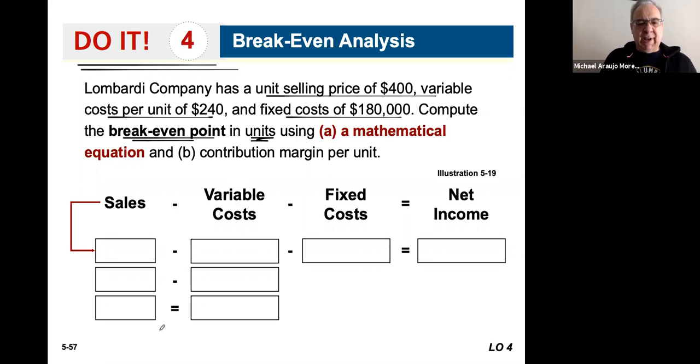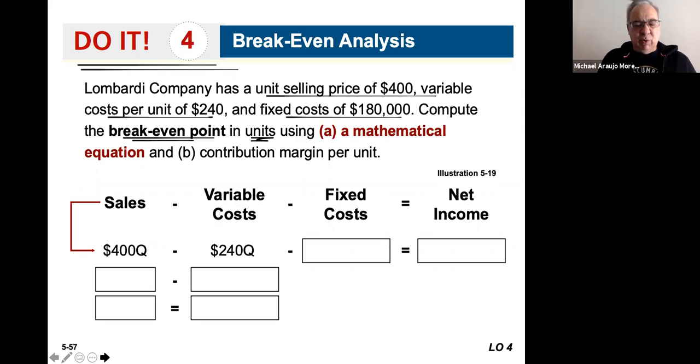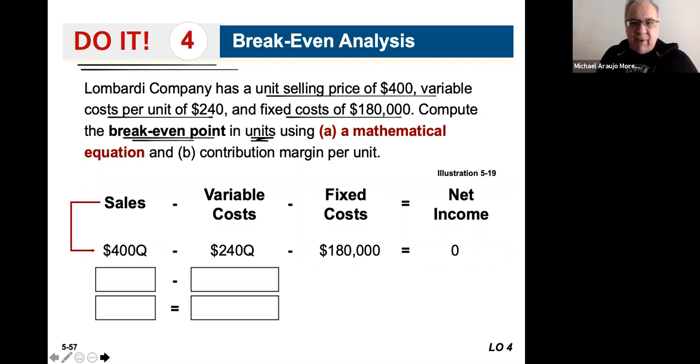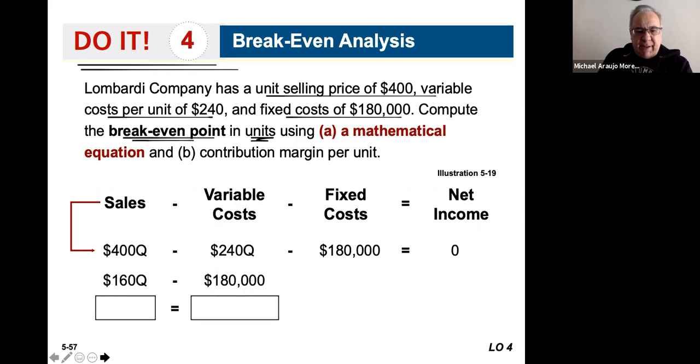So the first thing we're going to look at is the math. So you have $400 times Q minus $240 times Q minus fixed costs of 180,000 to get us to a break-even point of zero profit, zero loss. So when you go ahead and combine your Qs, you got 160 times Q. That's going to equal 180,000.